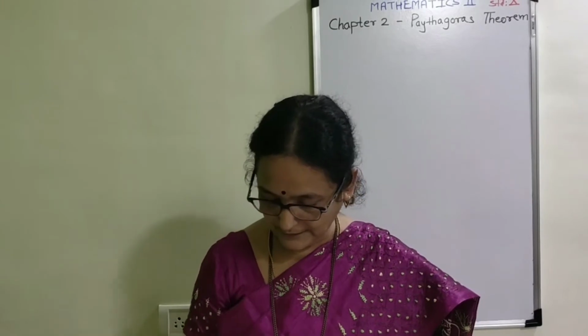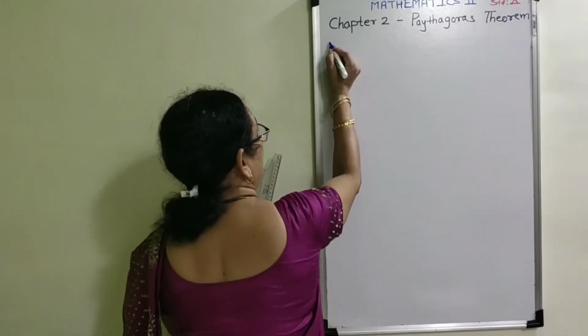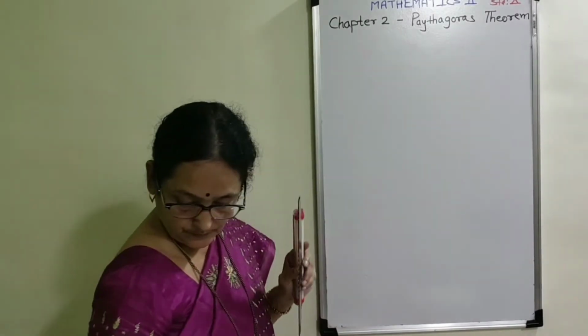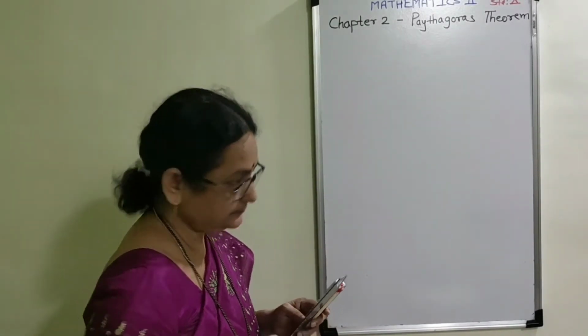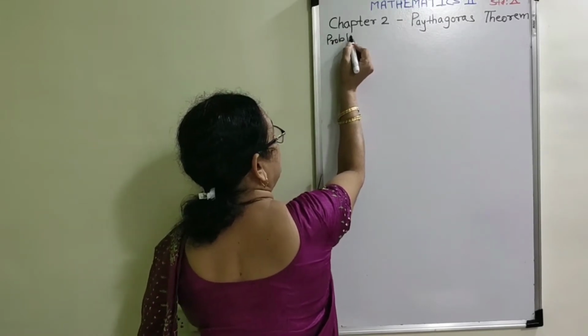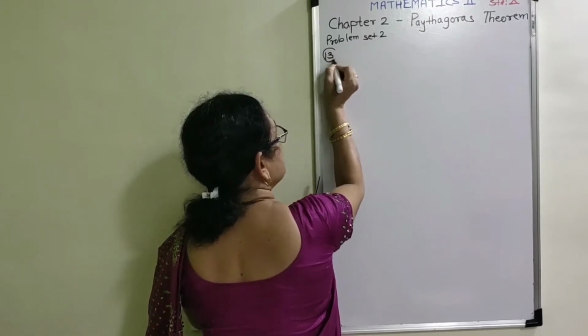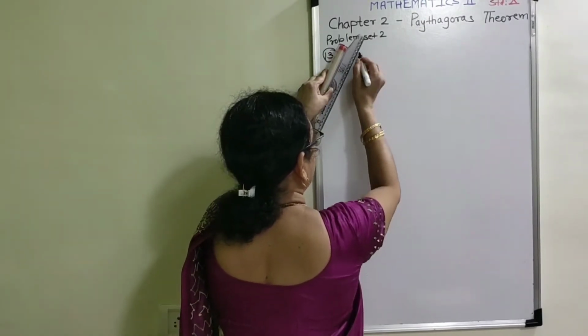Now I am going to draw first of all the figure of the given example on blackboard. Please observe that figure. For problem set 2, I am going to discuss example number 13.